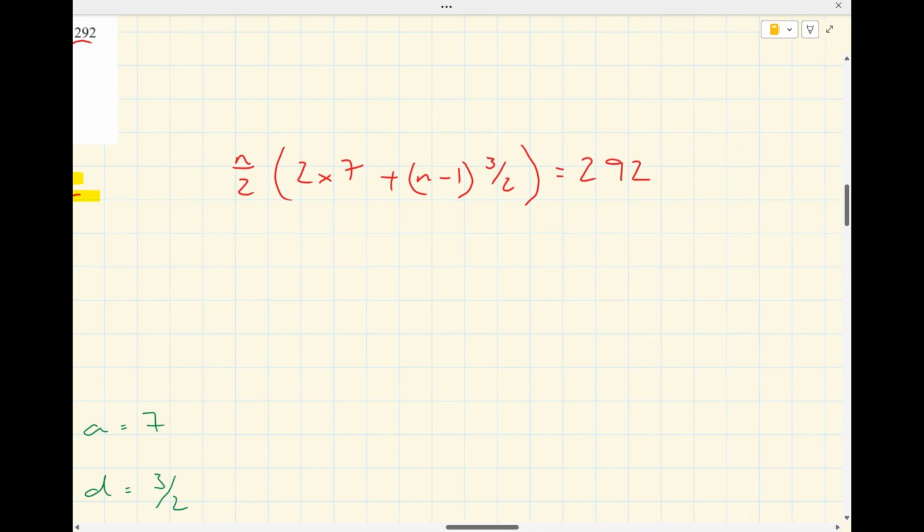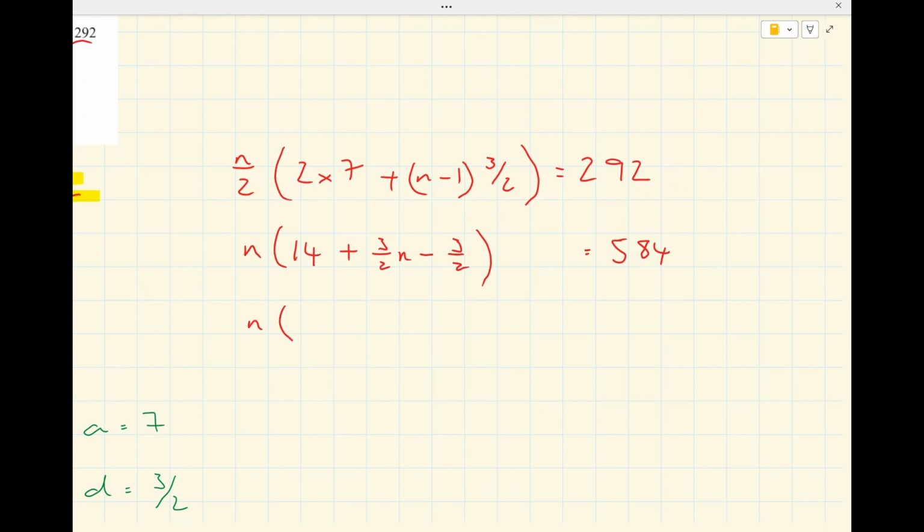Right. I'm going to double left and right, I think. So that's going to give me just n here. And instead of 292, it's going to give me 292 times 2, 584. Now in the bracket, I've got 2 7s, 14, plus 3 over 2n minus 3 over 2. Okay, so what have I got here?